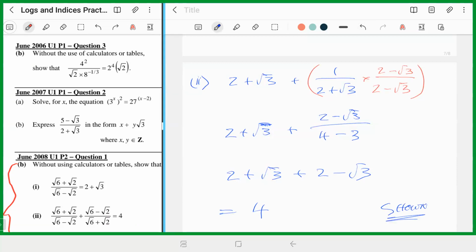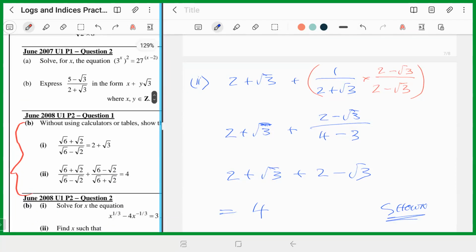So that is some practice on rationalizing. It's very easy. Use a conjugate. Most of it is just simplifying and some operations after that. Very easy stuff. Rationalize, use a conjugate. You multiply by a conjugate, and you form the difference of 2 squares.